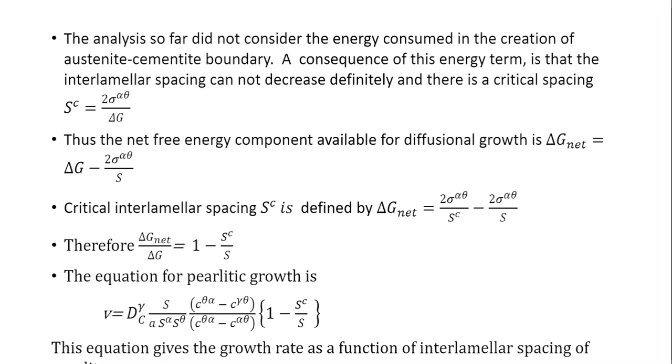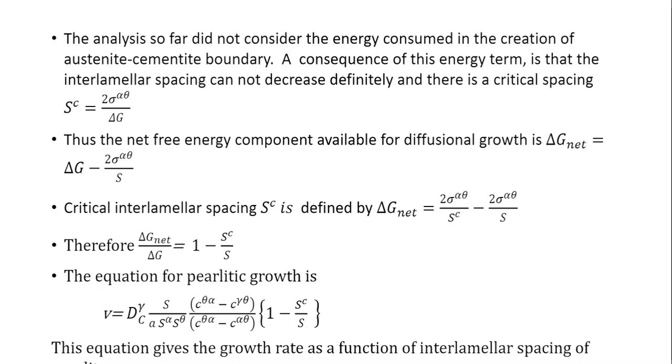The analysis so far did not consider the energy consumed in the creation of the austenite cementite boundary. A consequence of this energy term is that the interlamellar spacing cannot decrease indefinitely, and there is a critical spacing SC equal to 2 sigma alpha theta, the interface surface energy, by delta G. Delta G is the free energy of transformation.